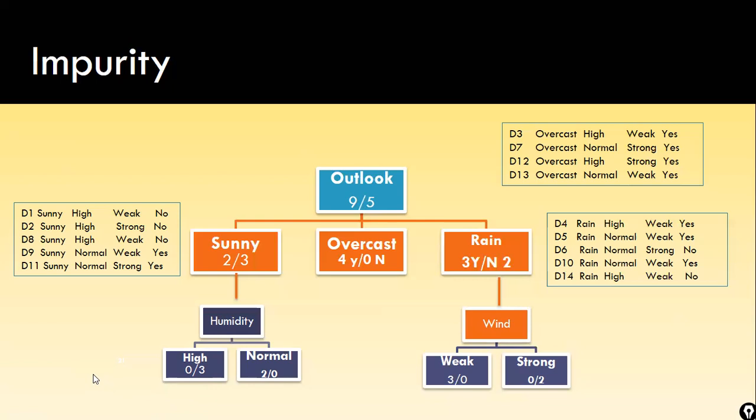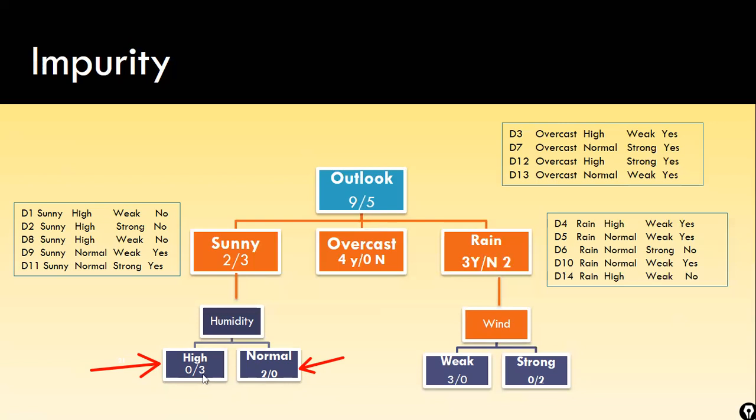So if you look at this node here, do you find any impurity? By looking at the numbers themselves, you can see here you have 2 and 3, and here we have 0. Of the 2 values, if any one of them is 0, then it's a pure node, right?